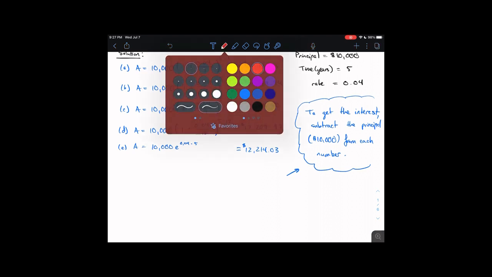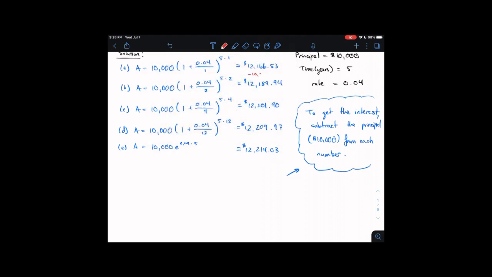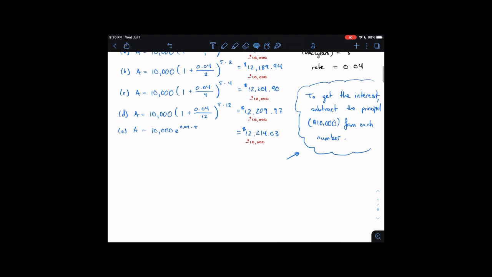So we can think like this. And then, of course, you'll get $2,166.53, $2,189.94, $2,201.9, $2,209.97, and $2,214.03. We're basically just taking the one off the front.